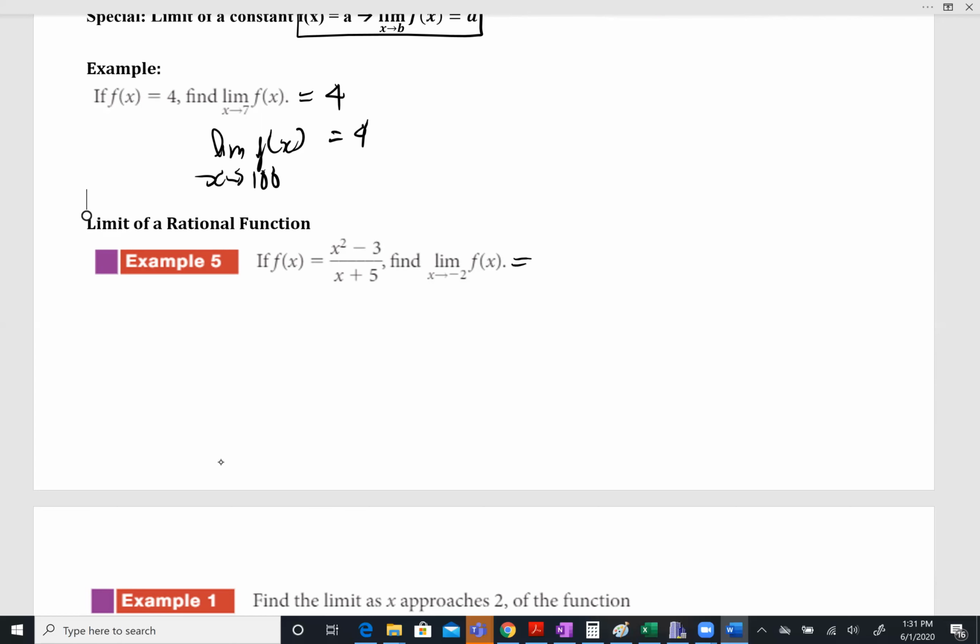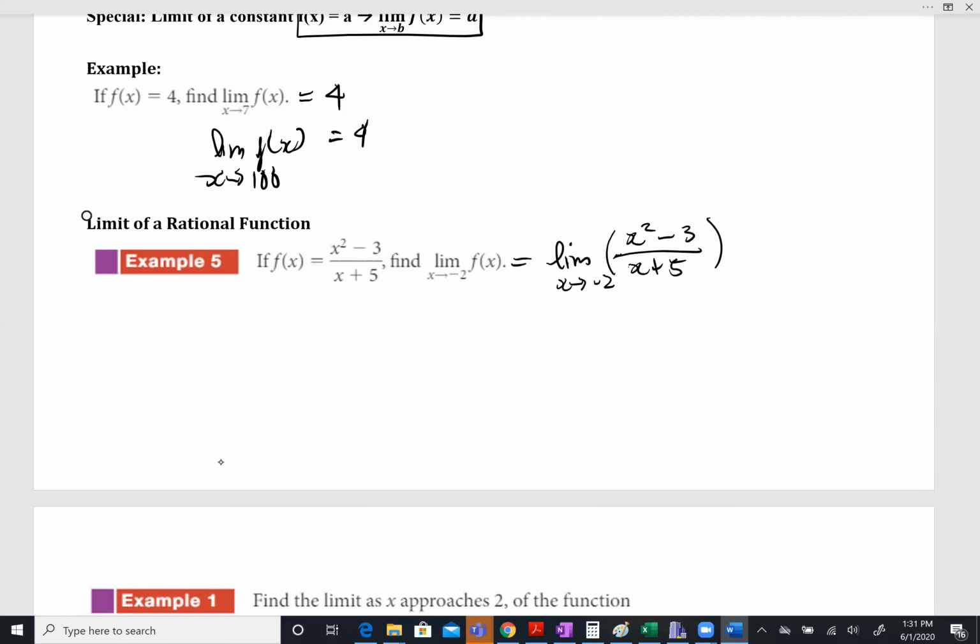So I'm going to change this to the limit of (x squared minus 3) over (x plus 5) as x goes to -2.